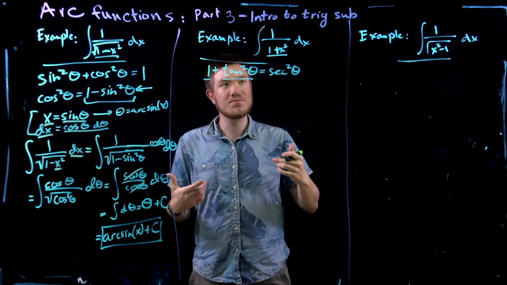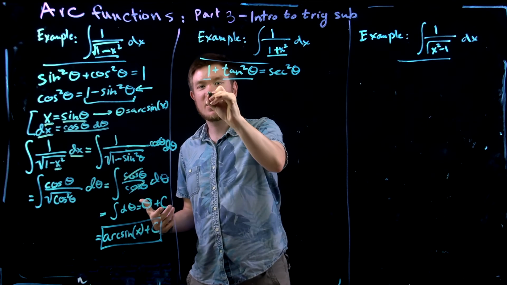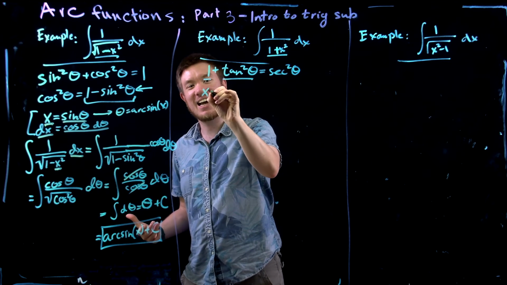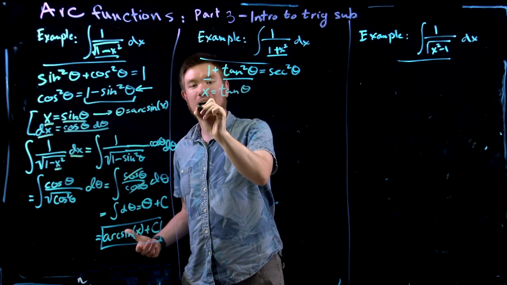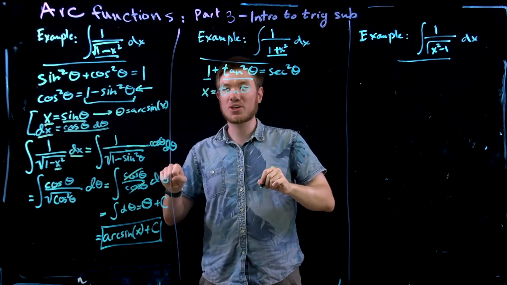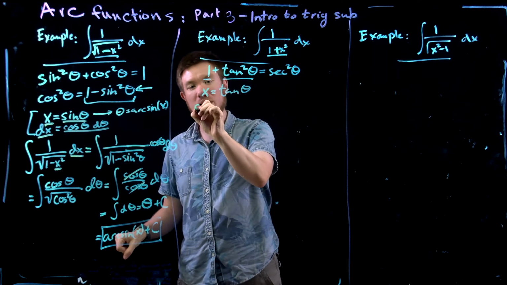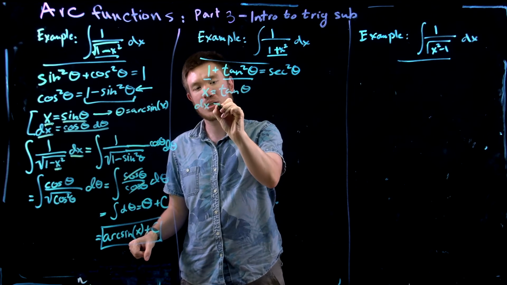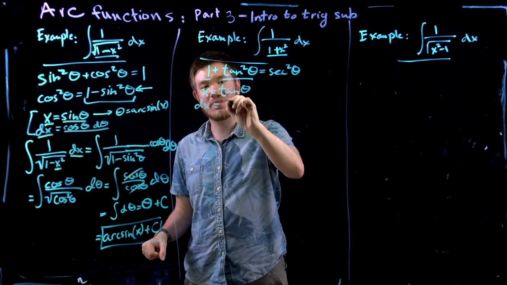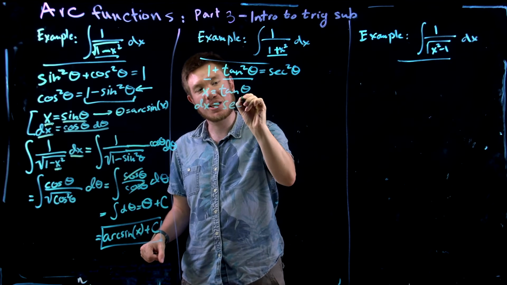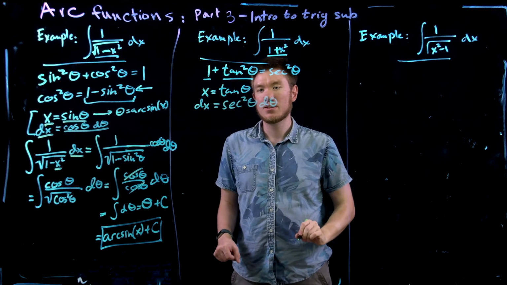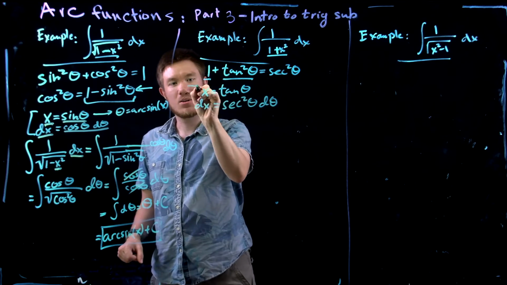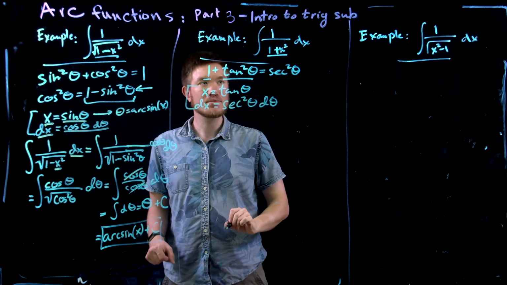So the logical substitution to make is x equals tangent of theta. And just like we did in our first example, we need to take the derivative of both sides. And remember that the derivative of tangent is secant squared theta d theta. And so we've got our substitution here.